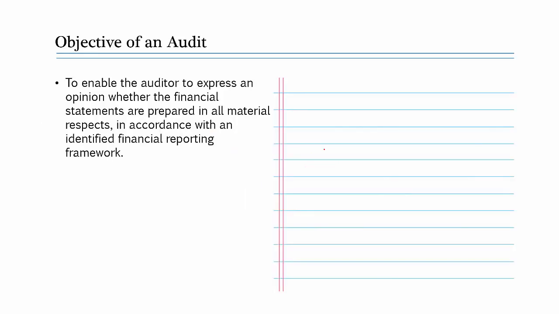Okay, this is the objective of an audit. The audit is to enable the auditors to express an opinion on whether the financial statements are prepared in all material respects in accordance with an identified framework. If we dissect this very long sentence into its key points, you have this word here, opinion.